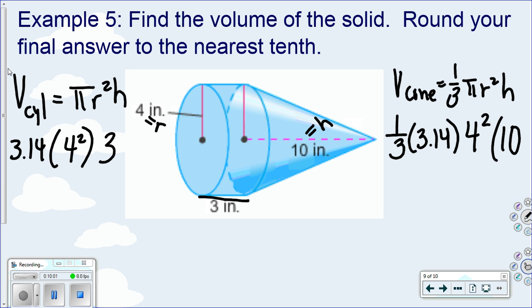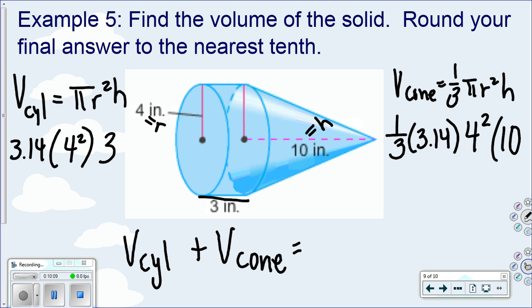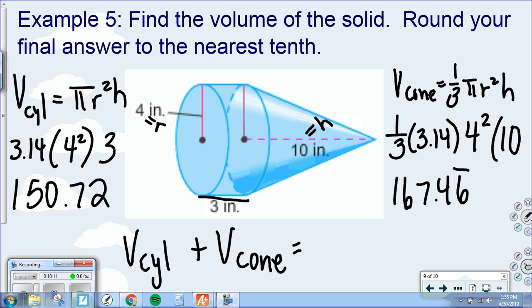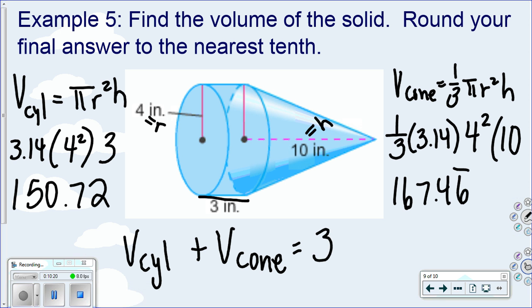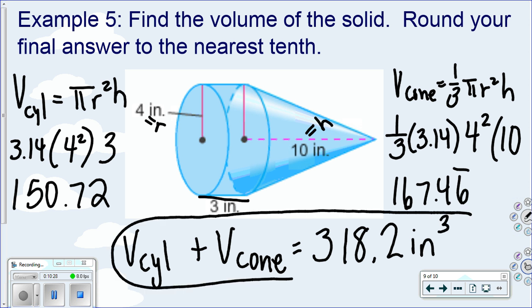Please multiply those, and then to find the total volume, you're going to take the cylinder plus the cone. So I found the volume of the cylinder and the cone. I'm going to add them together, and the total volume is 318.2 inches cubed. That is the total volume.